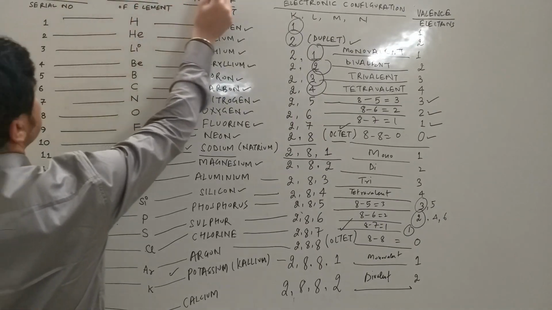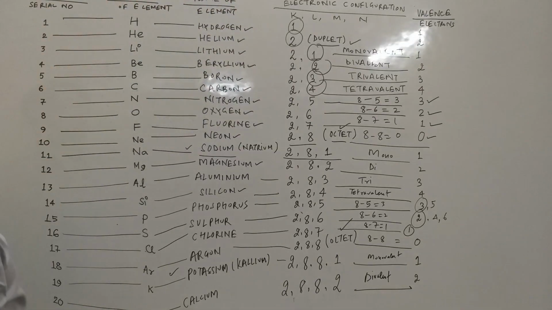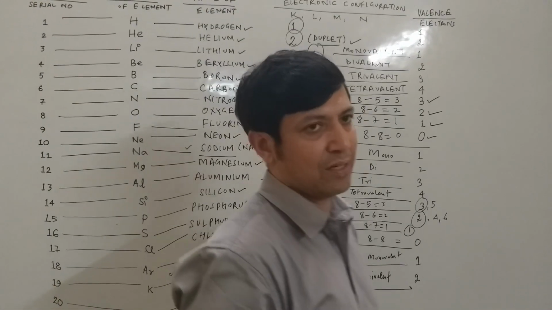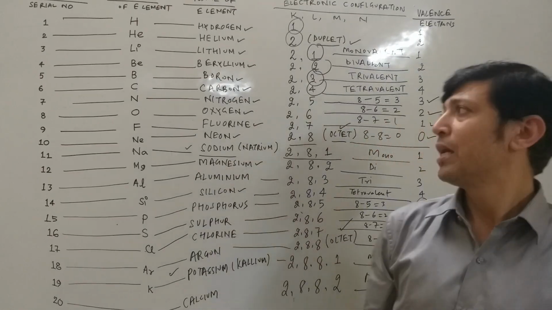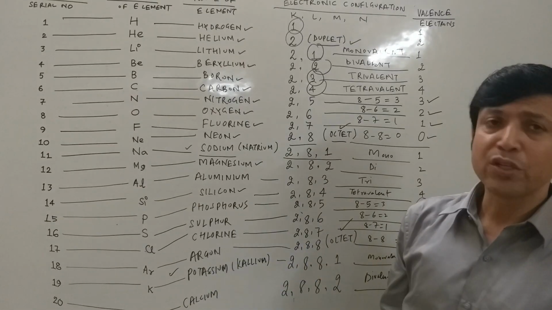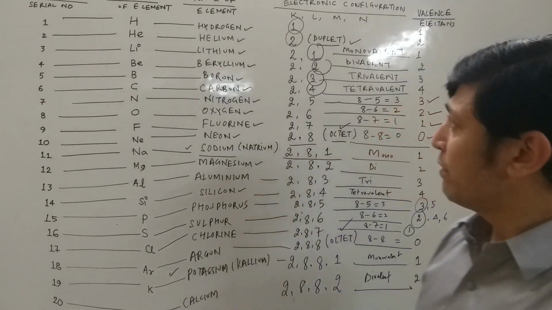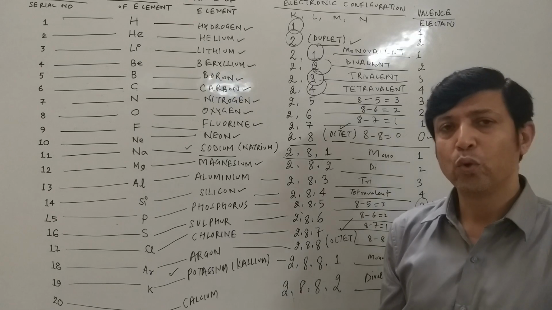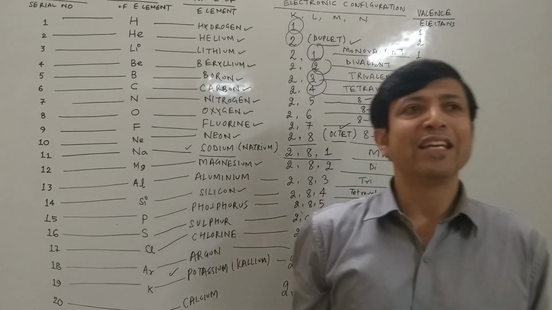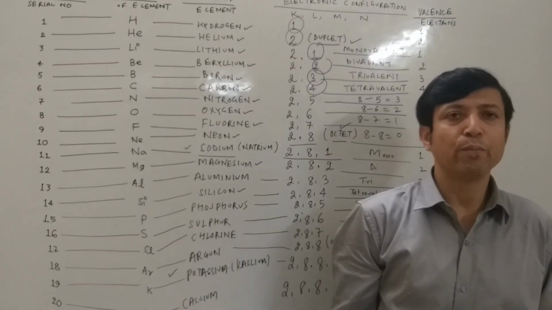So students, this table is very important. If you want to do good in chemistry, this table of first 20 elements is very important. If you are through with this table, you can do very good in chemistry and you can score really good marks, right?